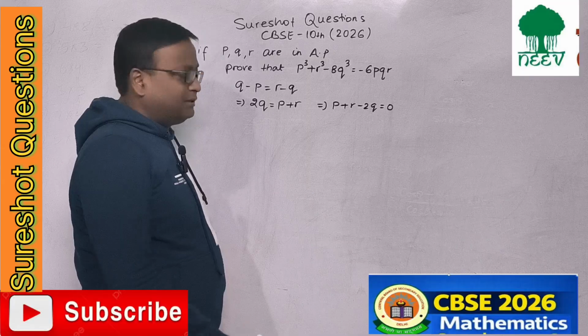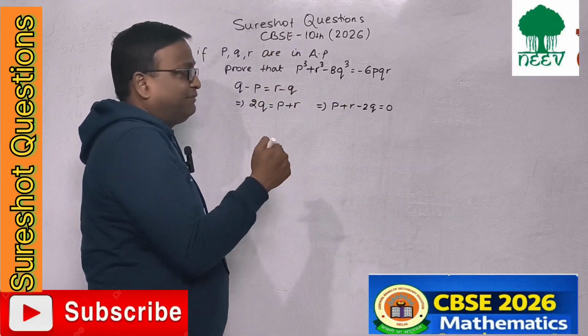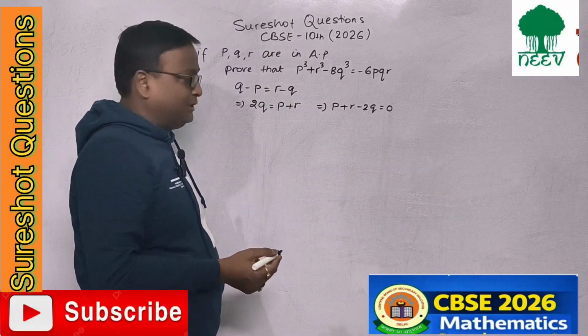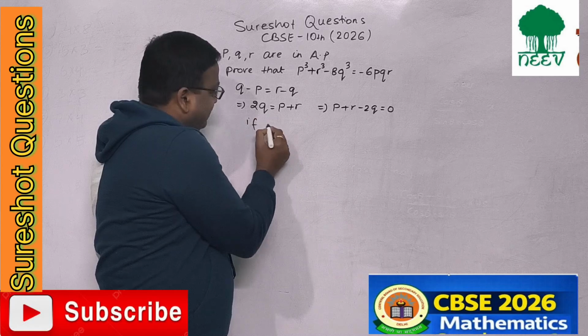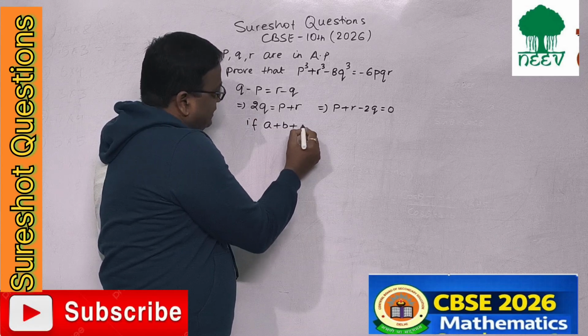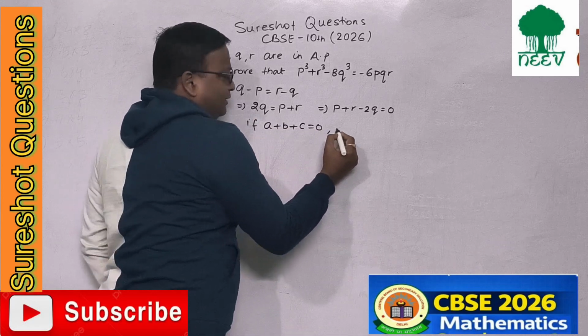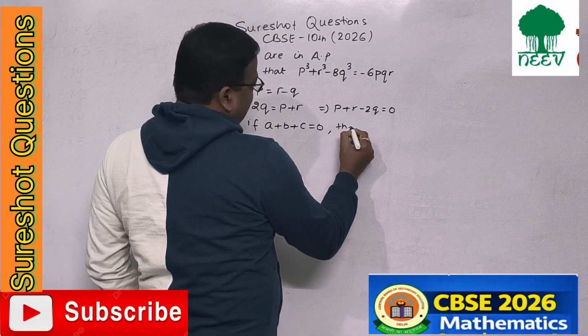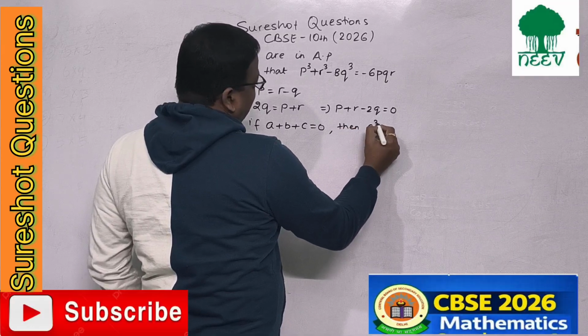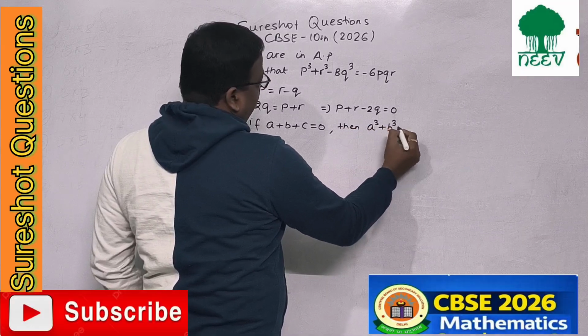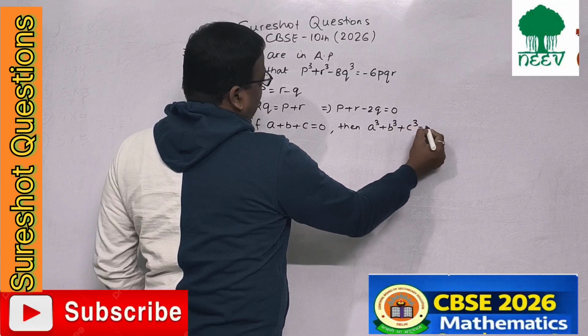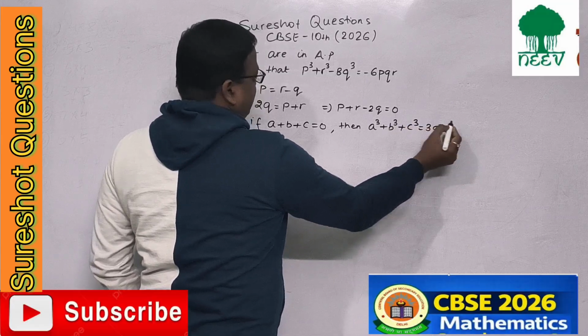So there are three terms. Just recall the formula. If A plus B plus C is equal to 0, then we had a result which said A cube plus B cube plus C cube is equal to 3ABC.